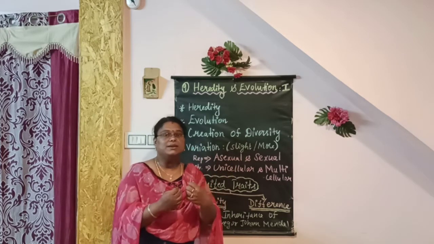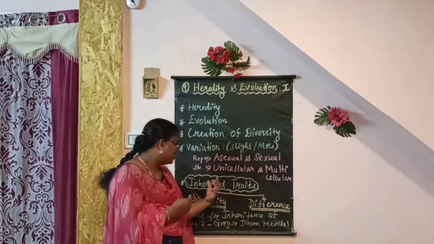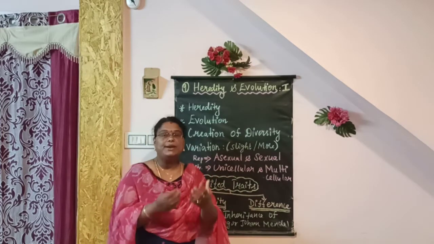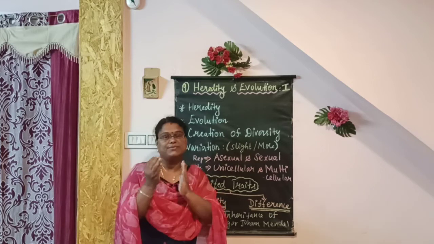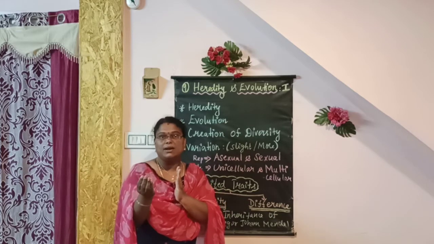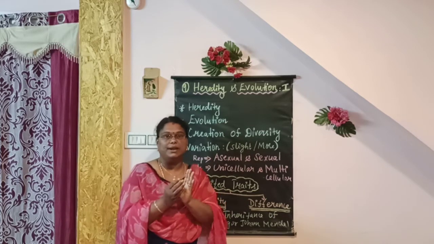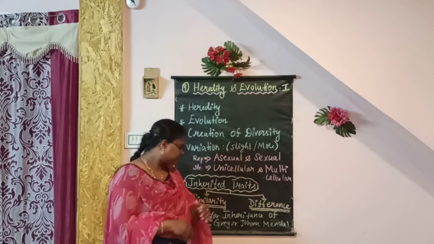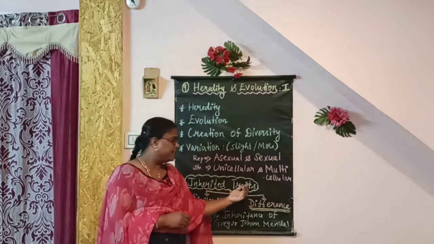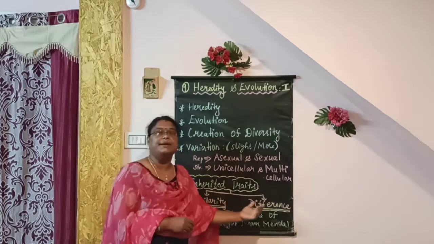So the resulting trait, or inherited child, is a combination of two different DNAs, from the paternal father DNA and the maternal mother DNA. So they will not look like the parents. So that is inherited traits, similarity and difference.